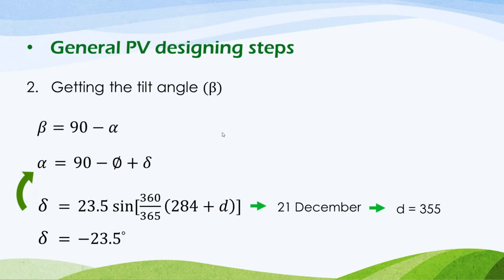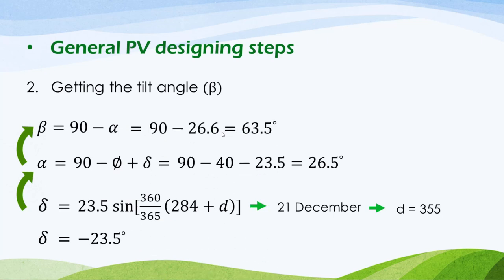Substituting back in the elevation angle, it will be 26.5, and then substituting back in theta, it will be 63.5. But as we said before, the tilt angle has some standard values according to manufacturing standards, so the nearest standard to it is 60 degrees.